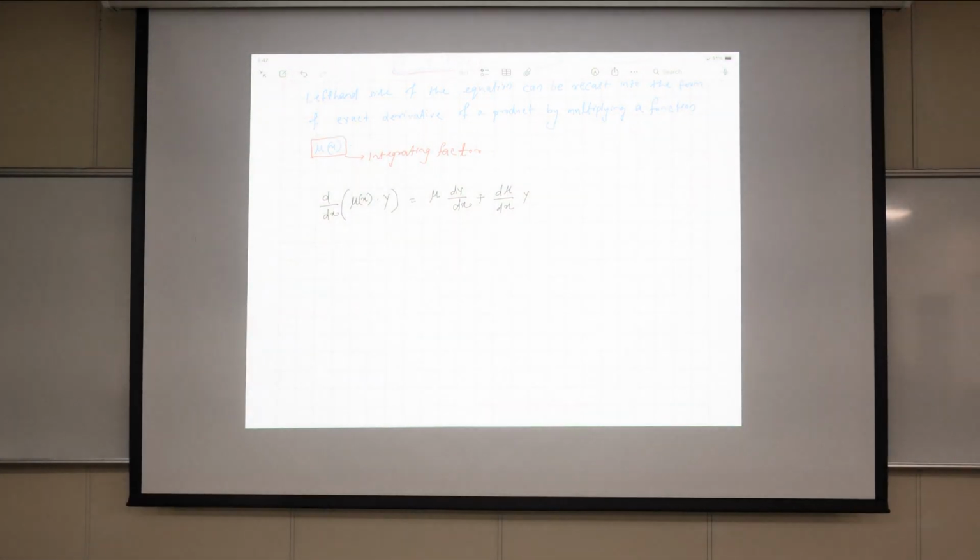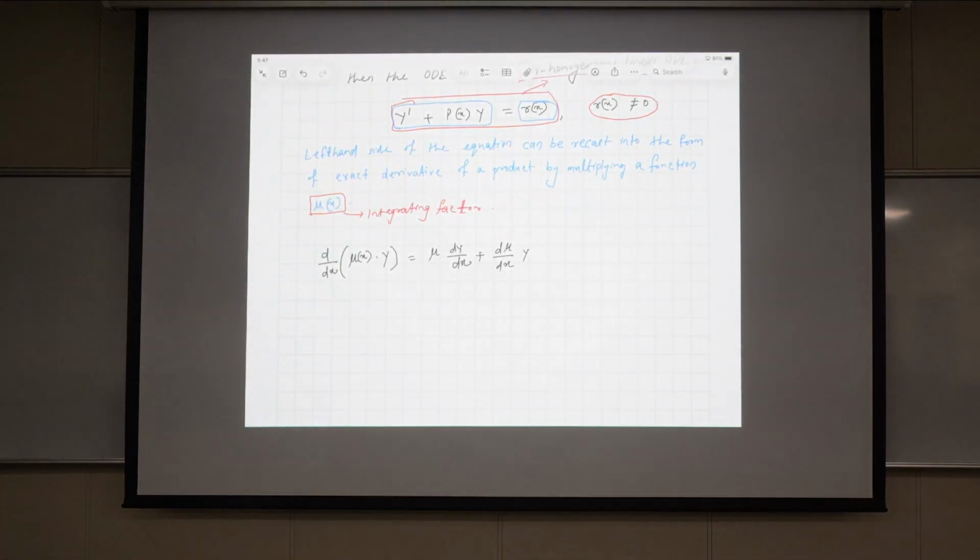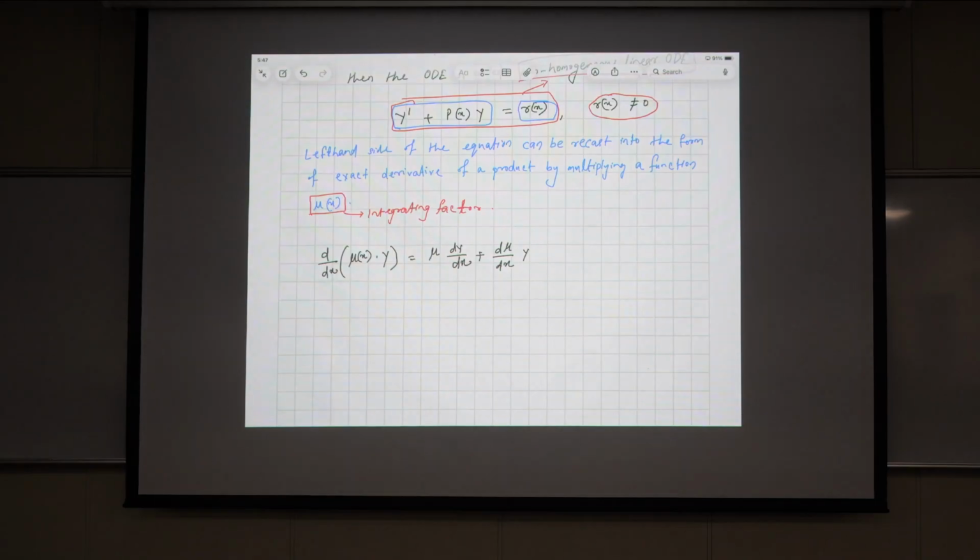So what we wrote here is saying that this part is equal to the left hand side, that is y dash plus p x y.